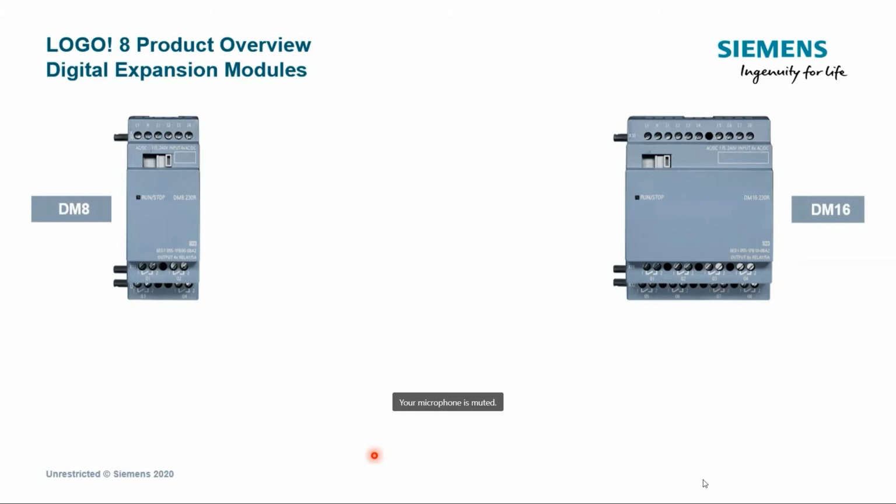Now, both of them have inputs and outputs. The only difference is the number of inputs and outputs. So this one has total 8 channels, which means 4 inputs and 4 outputs. This one has total 16 channels, which means 8 inputs and 8 outputs.